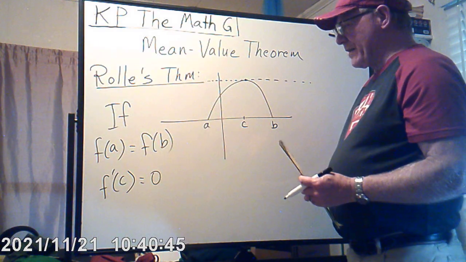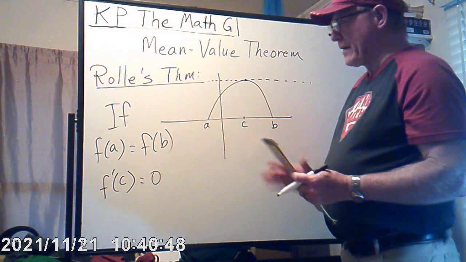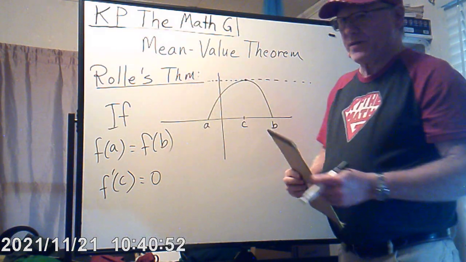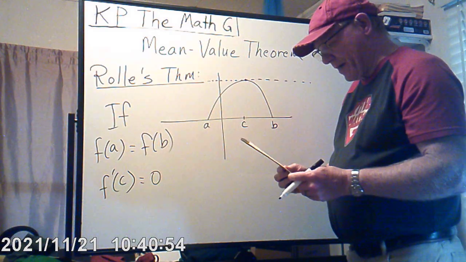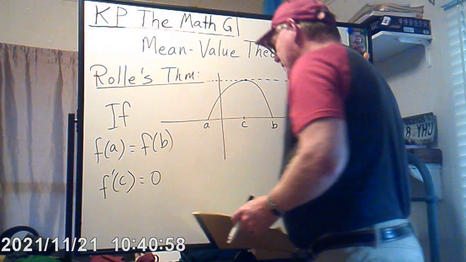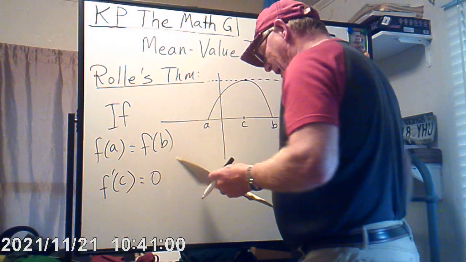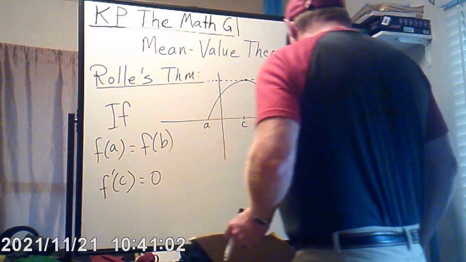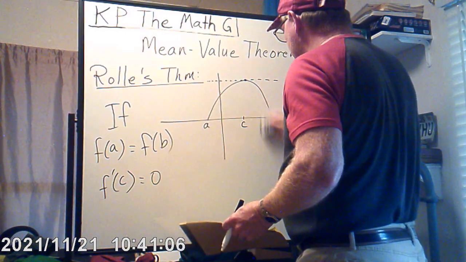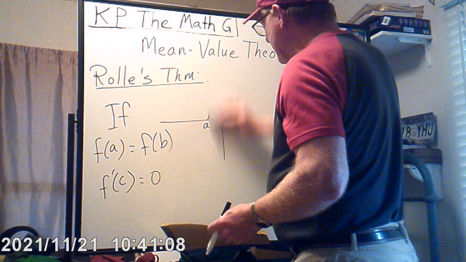That is Rolle's theorem, and kind of an offshoot of the mean value theorem, which we'll get into a little bit later. Let's do an example of Rolle's theorem, and this gives you the idea of what we're talking about here. So let's go ahead and dive into Rolle's theorem first.